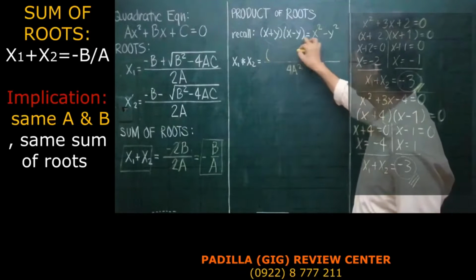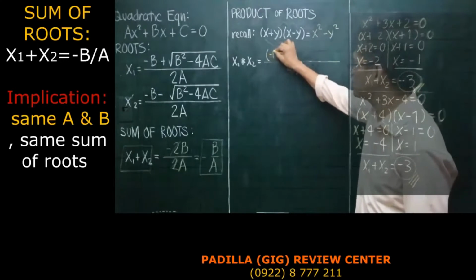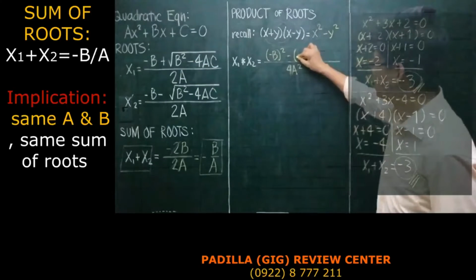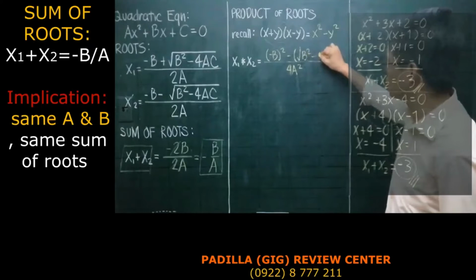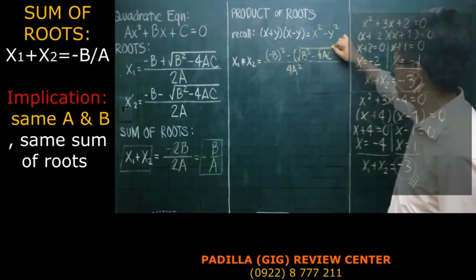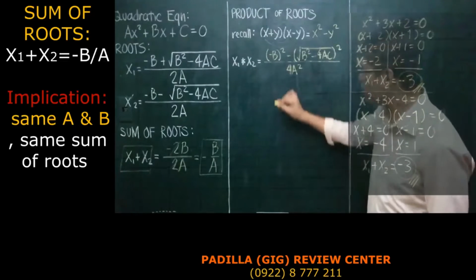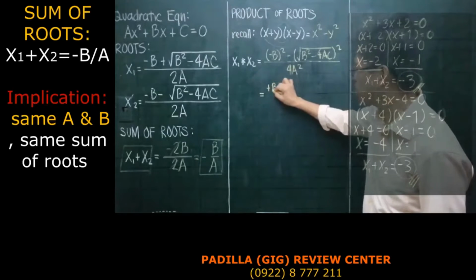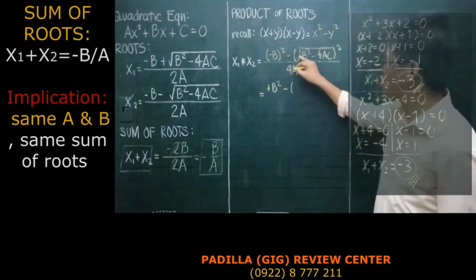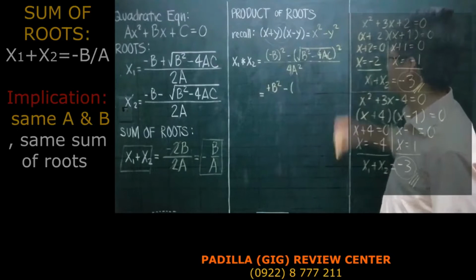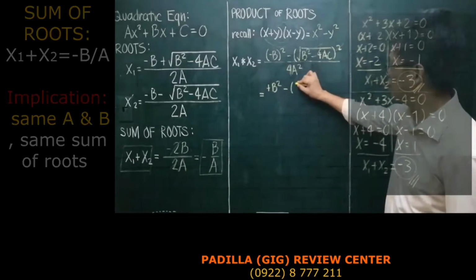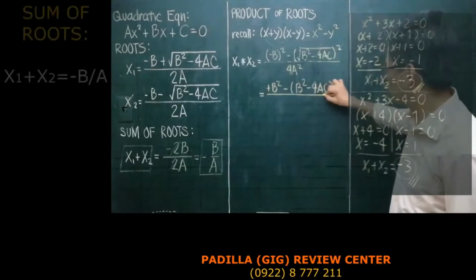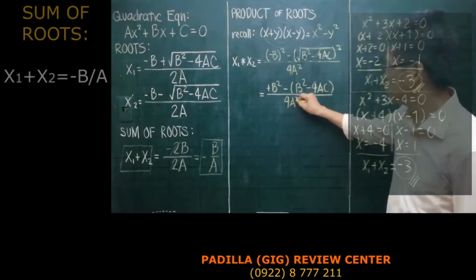That would be the square of the first, parang x squared, that's minus b quantity squared, minus the square of this, square root of b squared minus 4ac quantity squared. So simplifying this, this will be minus b times minus b, that's plus b squared, minus square root squared, they will cancel each other out. So that will leave us b squared minus 4ac all over 4a squared.